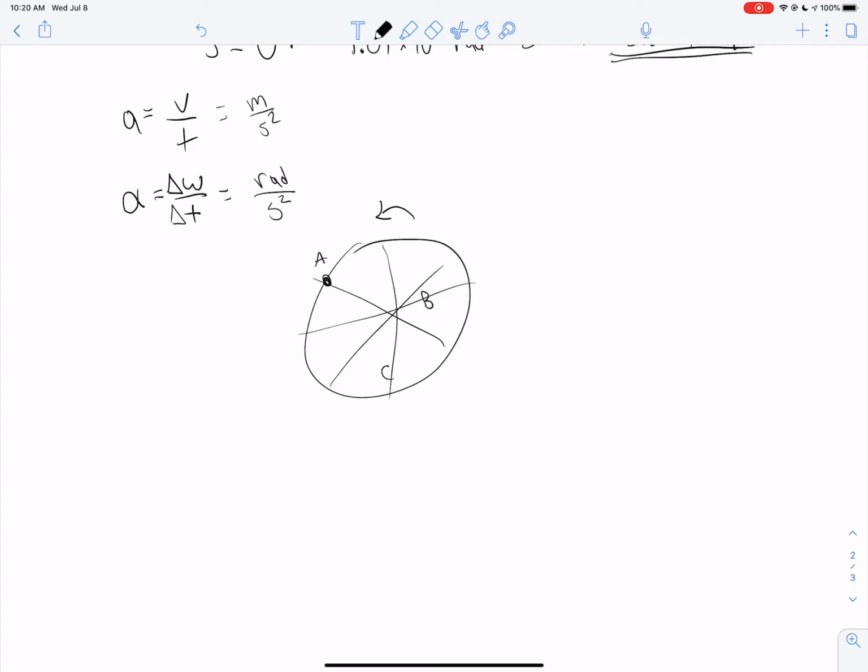And this holds true for all cases dealing with the rotational motion of a rigid object.